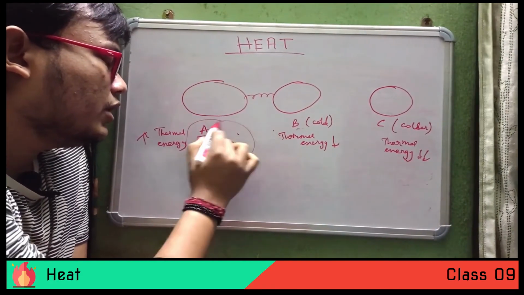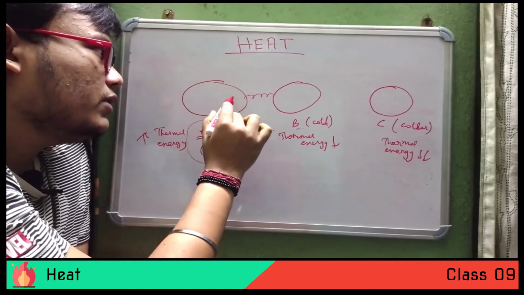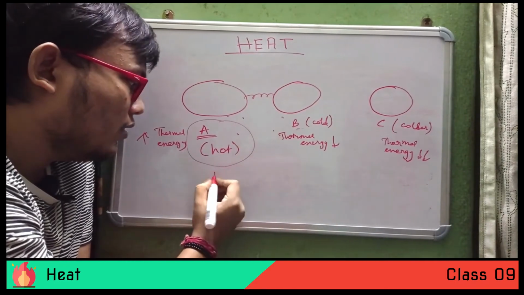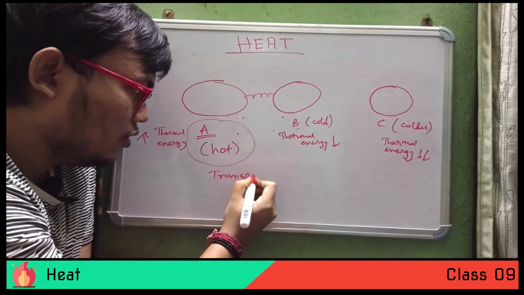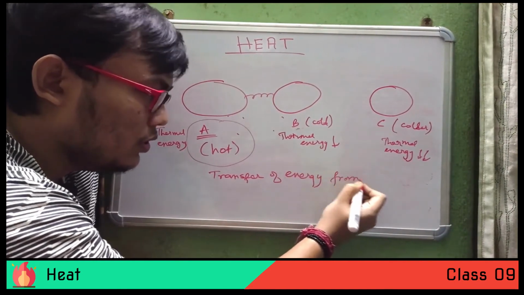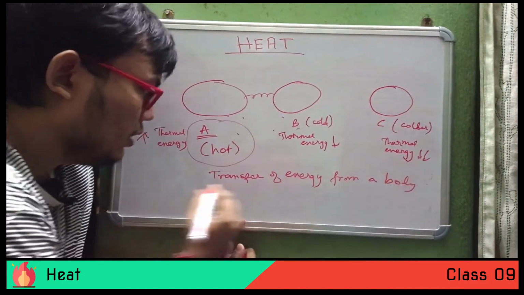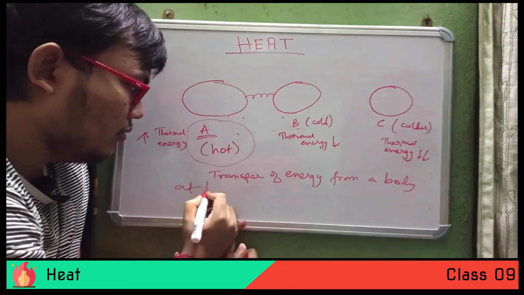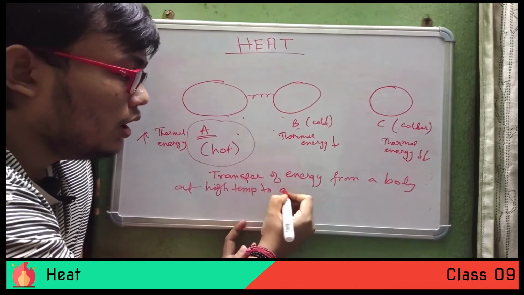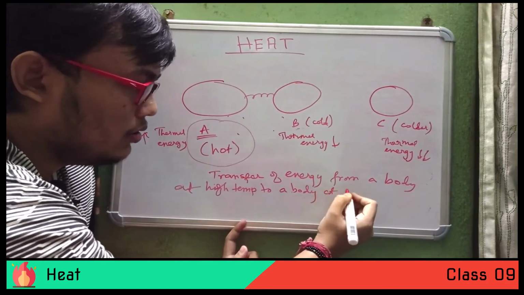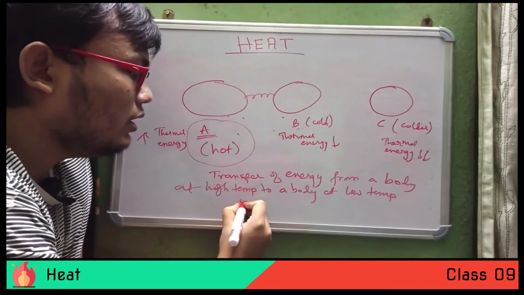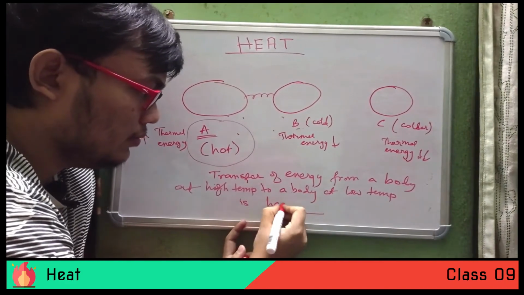As A has more thermal energy, some of the energy will transfer from body A to body B. This transfer of thermal energy from a body at high temperature to a body at low temperature, which is body B, is nothing but heat energy.